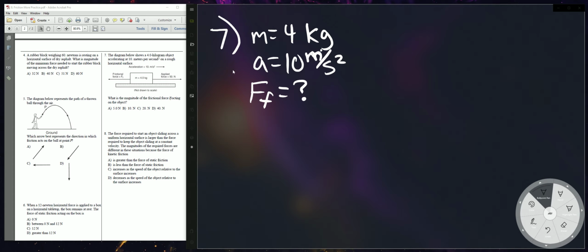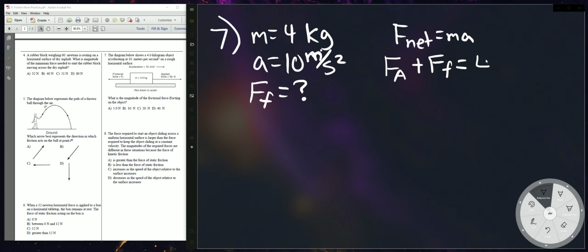Well, all we're going to do right now is set up our equation. The sum of all forces acting in our x direction, labeled in the diagram, is Fa plus Ff. And we know the mass is 4, and we know acceleration is 10.